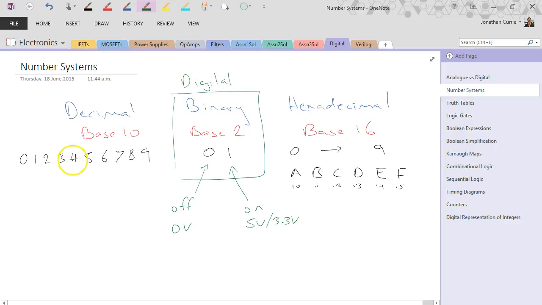You can imagine if we were to use decimal, if 0 was 0 volts and 9 was 5 volts, we'd have to have every other combination. So between 4 and 5 would be 2.5 volts, and this might be 1.25 volts, and so forth. So it'd all be quite messy and quite sensitive to noise. Right? Small changes in voltage could cause quite large changes here. So binary is by far the most robust method for us in digital electronics.